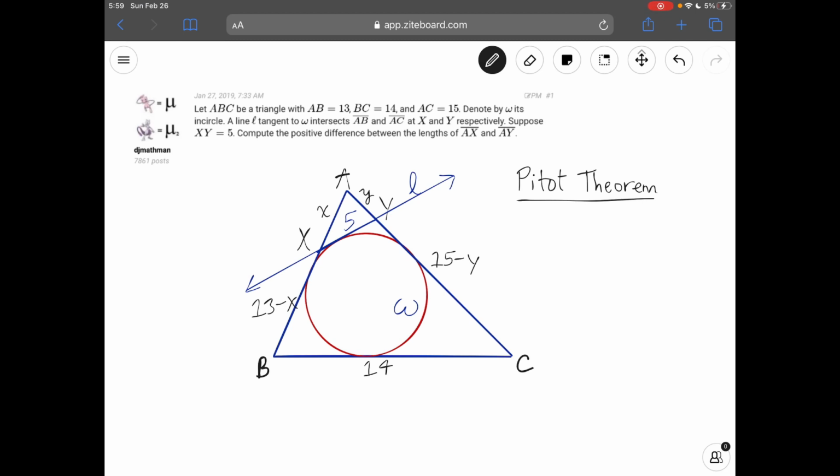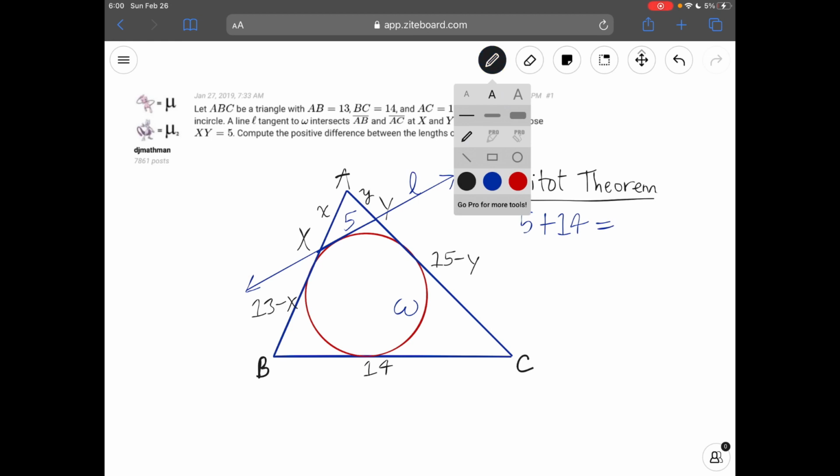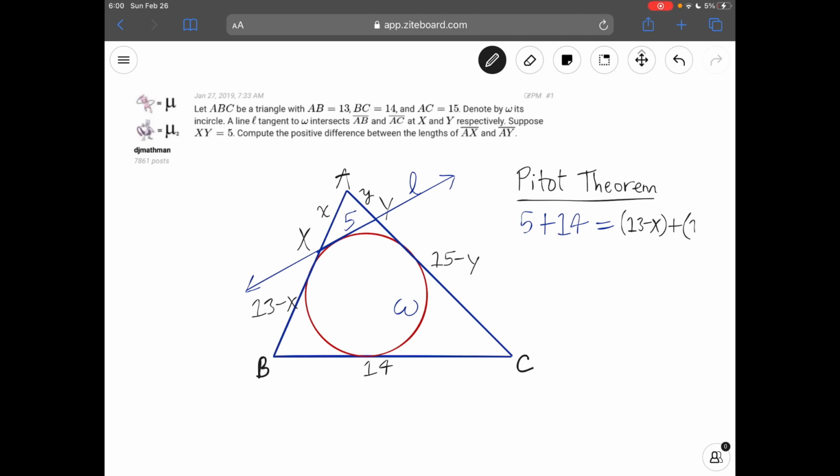The Pitot theorem states that opposite sides' sums have equal lengths whenever the quadrilateral has a circle that can be inscribed inside it. Using that for this quadrilateral BXYC, we get 5 plus 14 equals 13 minus x plus 15 minus y.